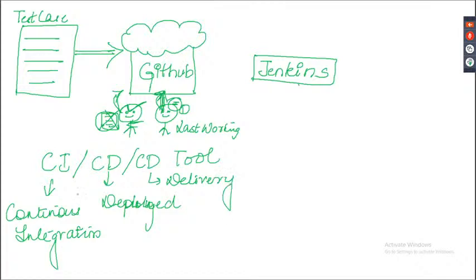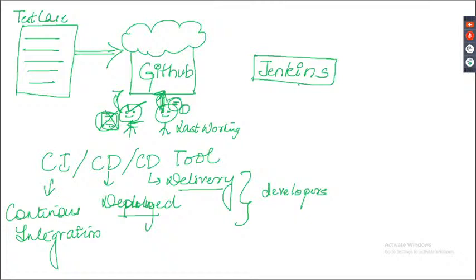Continuous integration, continuous deployment, continuous delivery, this is called a CI CD tool. Continuous deployment and continuous delivery are done by developers. Continuous integration is done by the automation engineer.